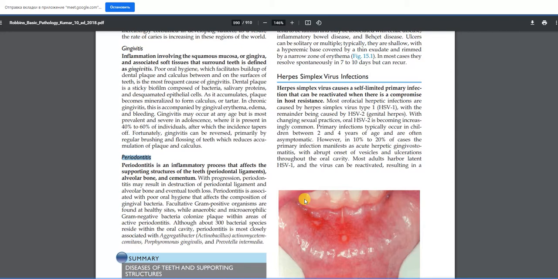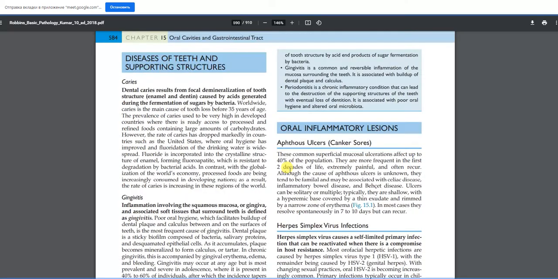Inflammation of the periodontium, periodontitis, might be chronic or acute. It causes loss of teeth, because the cementum is not properly attached to the lacuna of the mandible and maxilla. That's why periodontitis should be treated. So let's keep it.